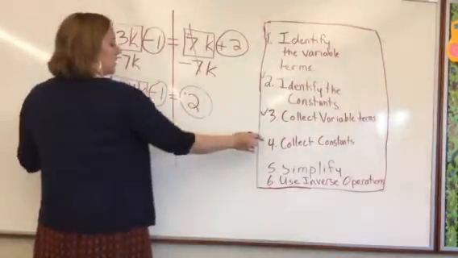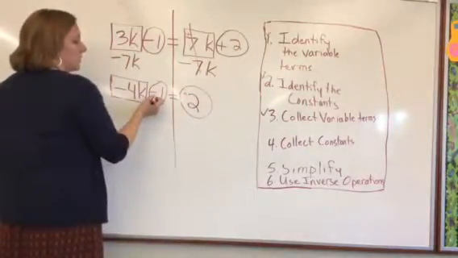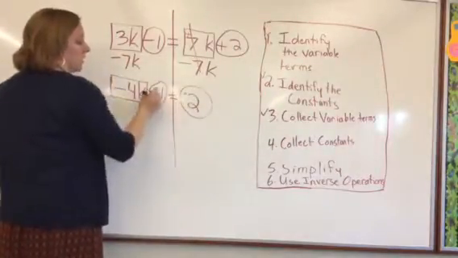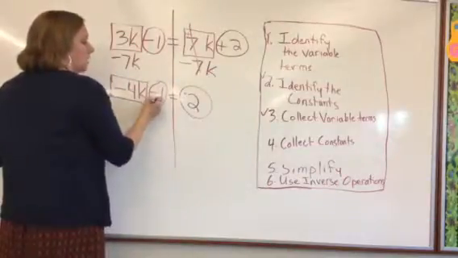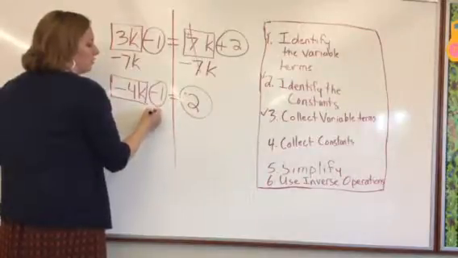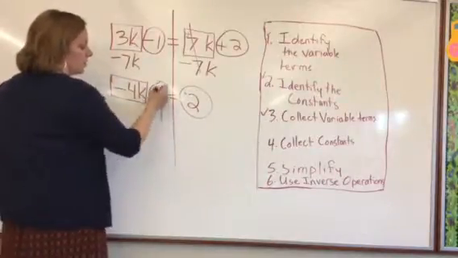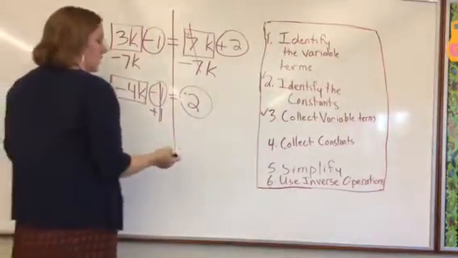My next step is to collect the constants on the right-hand side. I want to move this guy over here because I want -1 over here with the 2 on the right-hand side. -1 has an inverse operation of +1, so I'm going to do -1 plus 1. That'll equal 0, so that cancels.